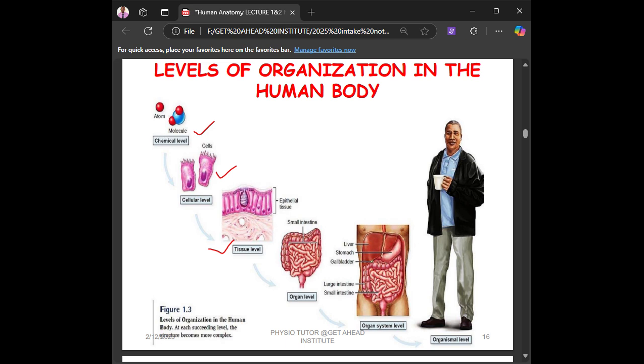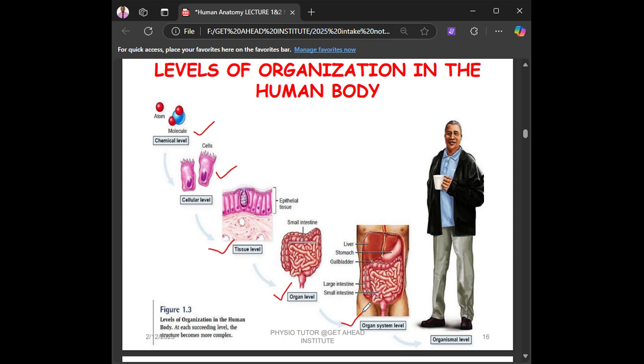So we were on the third level of organization. The fourth level of organization has to do with the organ level. At organ level, different tissue types come together and work together to perform specific complex functions, forming an organ. Then from an organ we have the organ system.